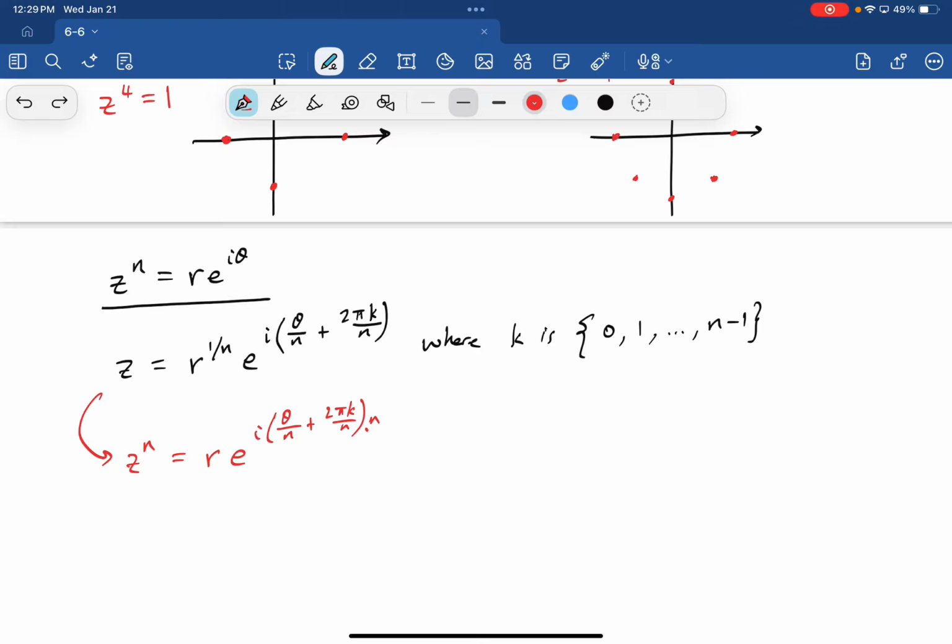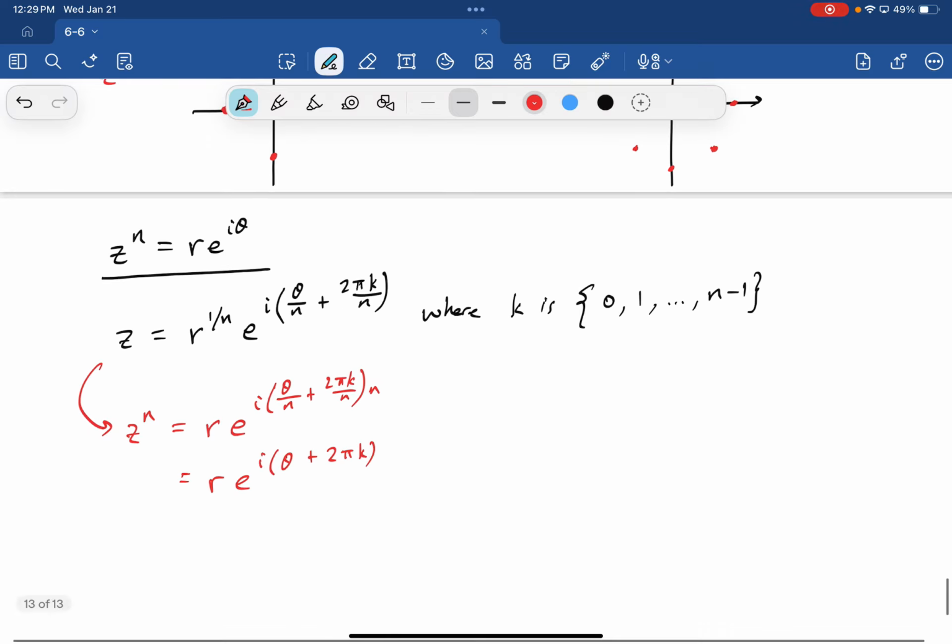And then I've multiplied the exponent by n because I've raised it to a power of n. And so this simplifies to r times e to the power of i, and then the n distributes to both terms. And so that leaves us with i times theta plus 2 pi k.